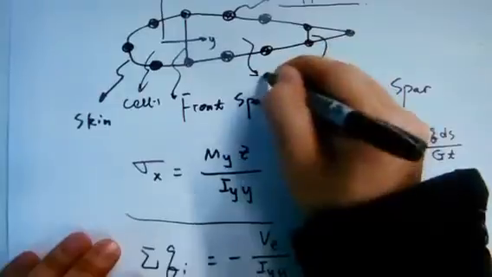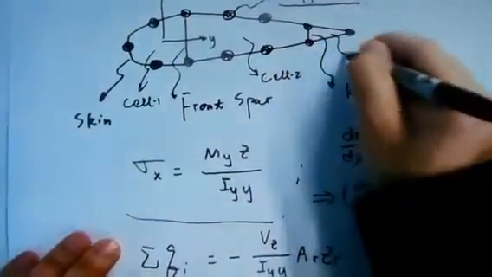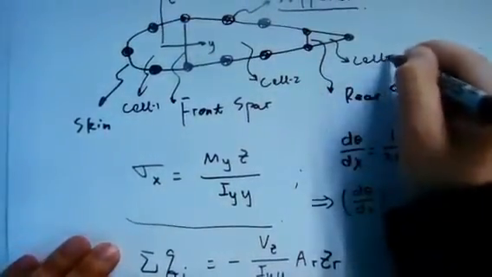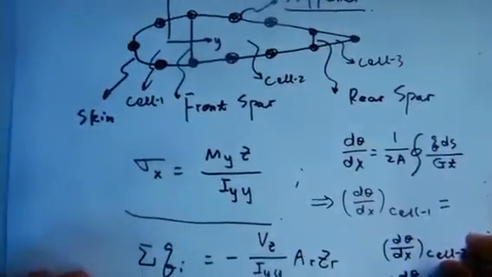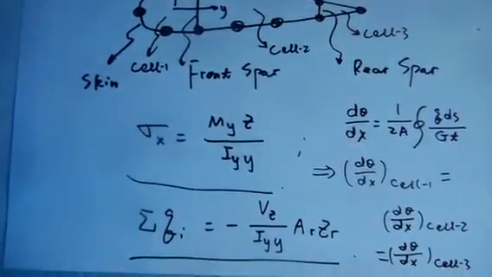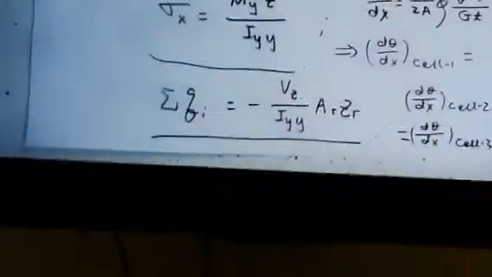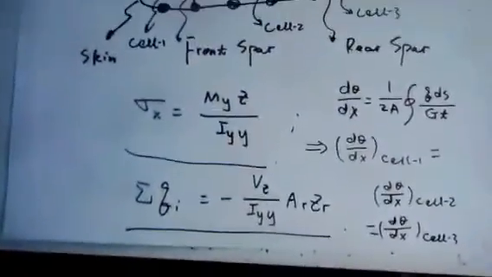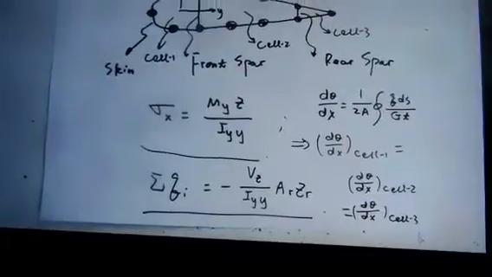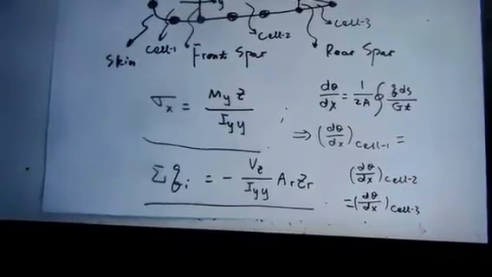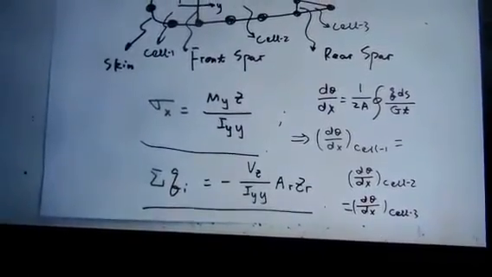This is defined as cell 2. This is defined as cell 3. We can have as many cells as we want, but this is just a typical example, 3 cells. All of the 3 cells should be twisted together. And then we can figure out the shear flow.